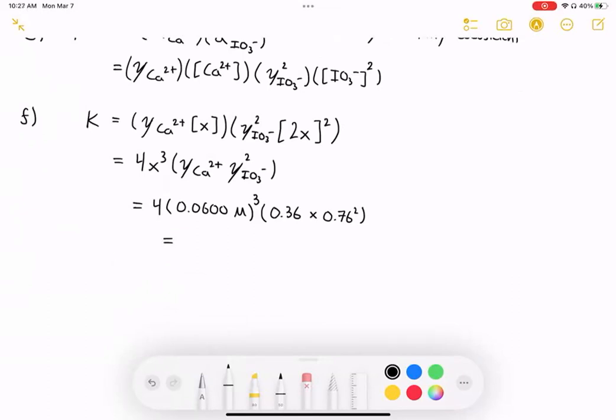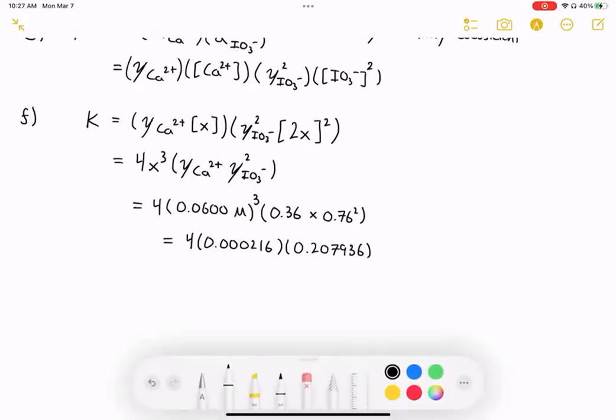Okay, so let's go back to our handy calculator. Make sure you double check these calculations. 0.0600 cubed gives 0.000216. Then we multiply by 0.76 squared times 0.36, and that gives us a value of 0.207936.